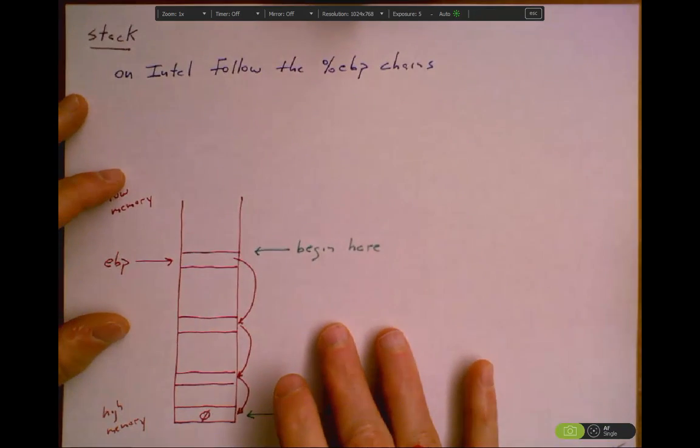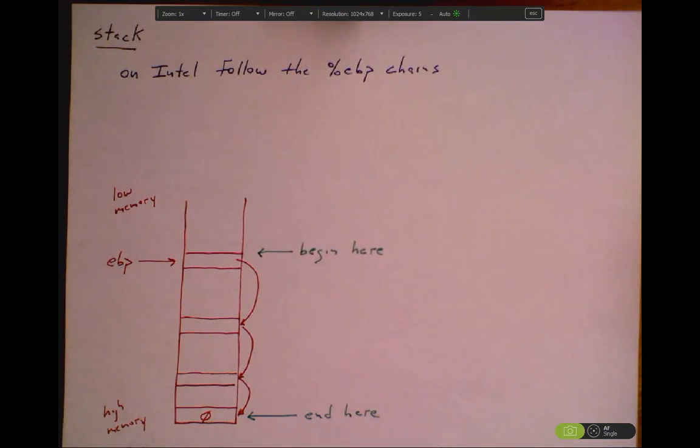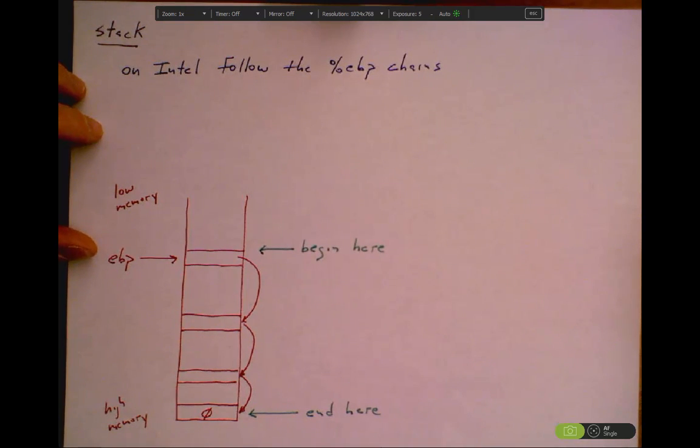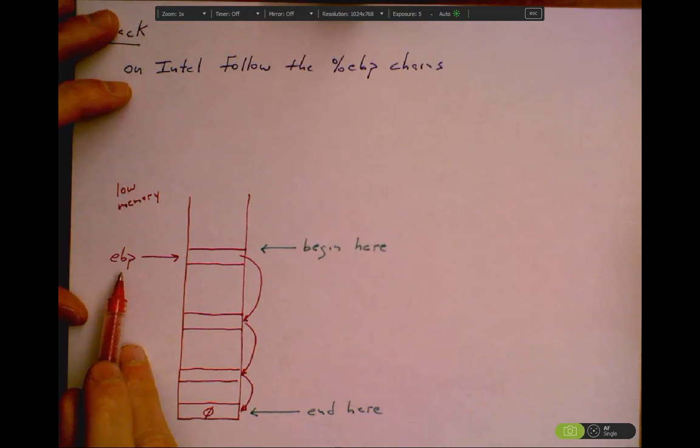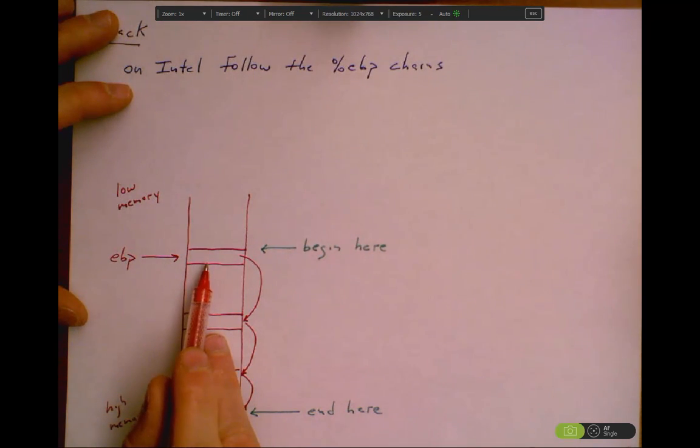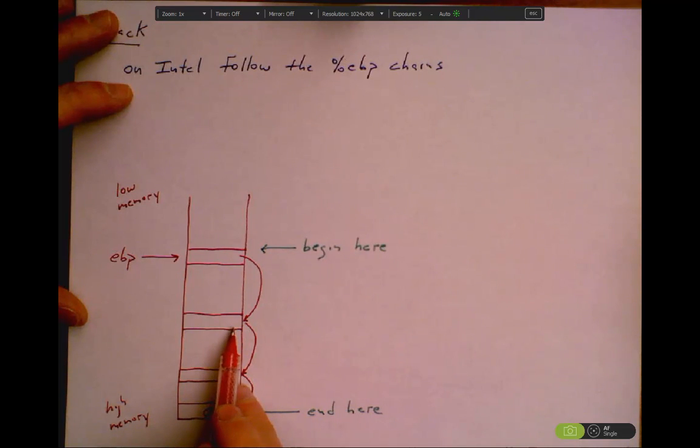Okay. What about the stack area? Well, on the Intel, remember that all the frame pointers are chained together, and we can follow those chains in order to figure out where the beginning of the stack and the end of the stack are. If we take the current frame pointer, it points to an old saved frame pointer, which points to the prior frame, which again has another old frame pointer that points to the next prior frame, and so on.